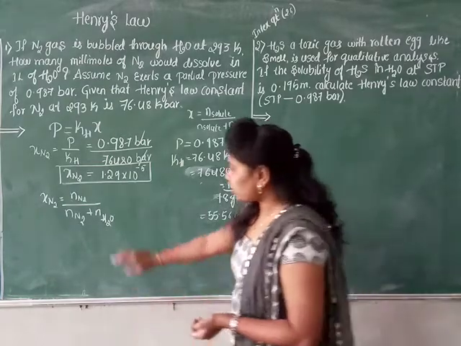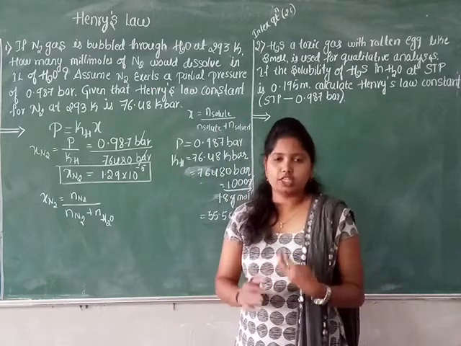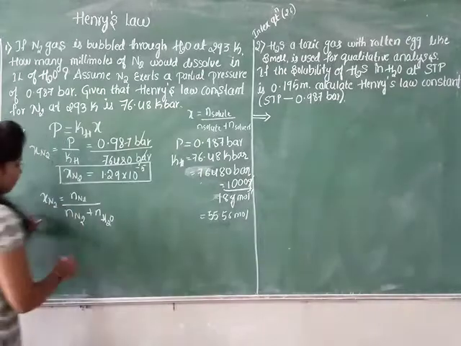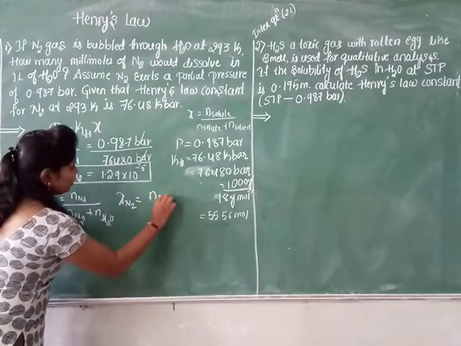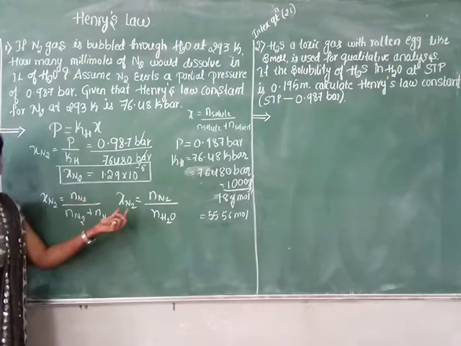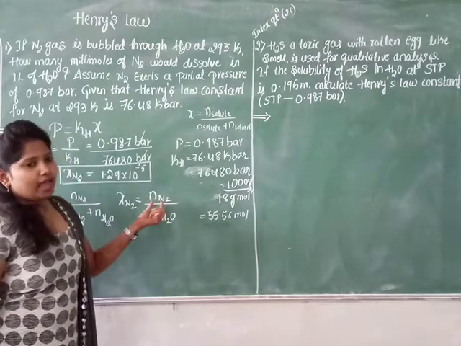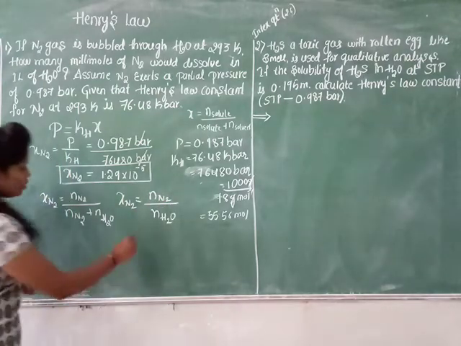Therefore, the number of moles of nitrogen gas in the denominator can be neglected. So our formula will be xN2 is equal to nN2 divided by nH2O. We know the value of xN2 and nH2O, and now we have to calculate the number of moles of nitrogen gas.